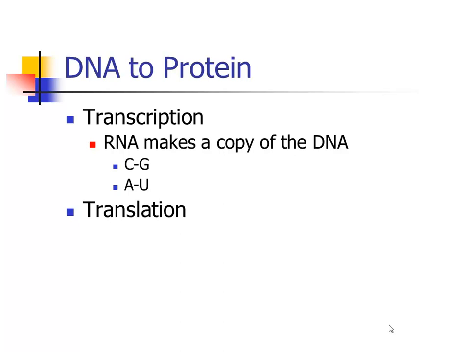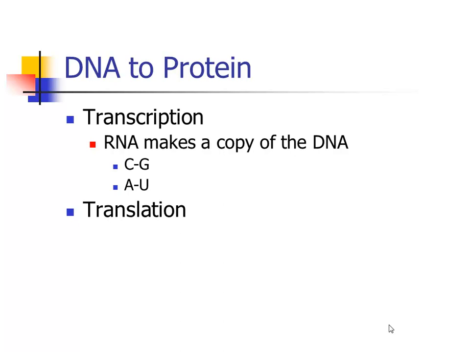Essentially, the double helix of the DNA unzips, allowing a single strand of RNA to be made from the DNA. At this time, it is called messenger RNA, because it's going to take the message, the instructions, from the nucleus to the ribosomes.